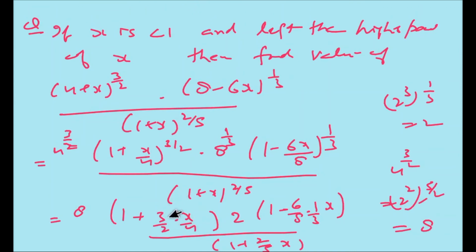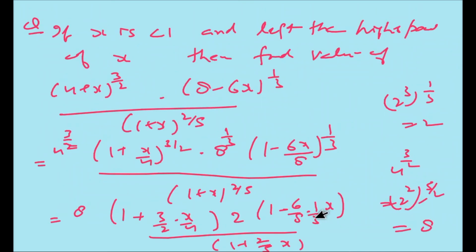So what we can write next here, from the previous calculation we have seen, 8 into 2, first write 16, then write 1 plus 3 by 8x, and then write 1 plus... we can see here 1 plus 3 by 8x, okay, 16, and here we calculate 6 by 8, so 3 by 4 into 1 by 3, x by 4.